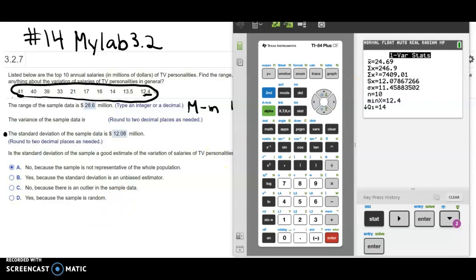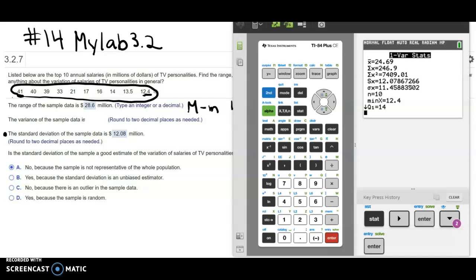Since we do not have the data for all of the celebrity personalities' annual salaries, this would be sample data. So we use Sx, which is 12.078672666, and it goes on and on, but we're asked to round to 2 decimal places. So we'd use 12.08 million as our answer for the standard deviation.